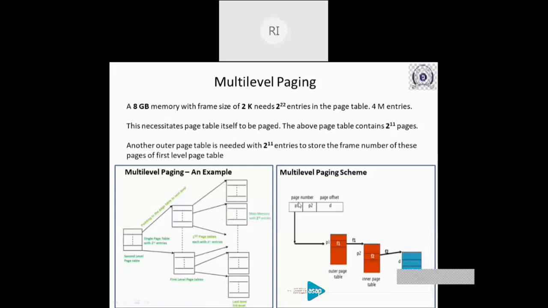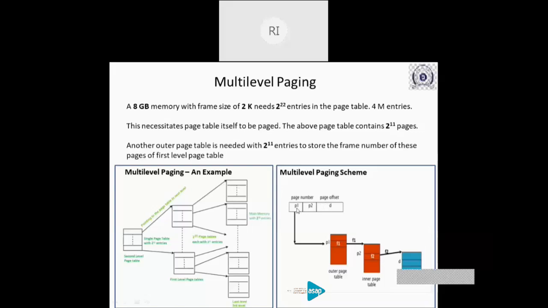When the CPU generates a logical address, it is divided into 3: P1, P2, and D. P1 is an index to the first-level outer page table.